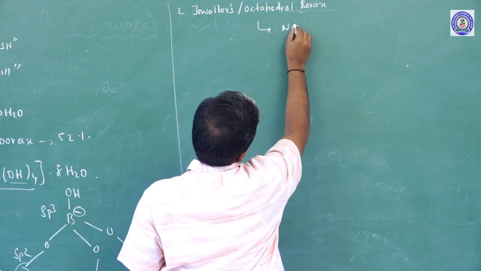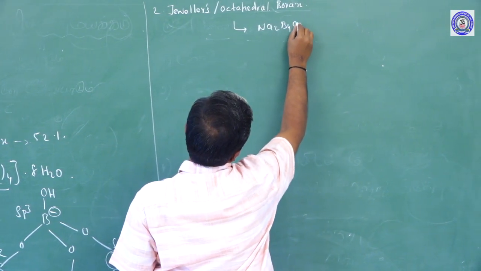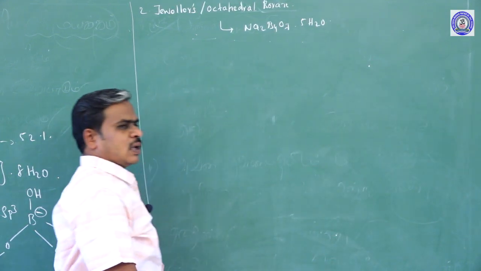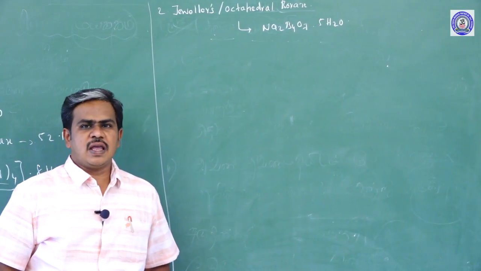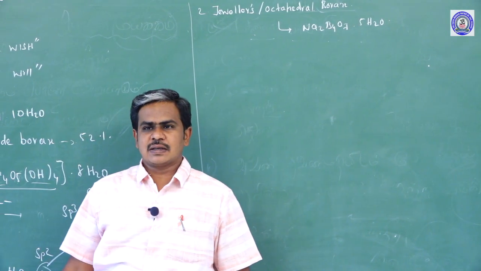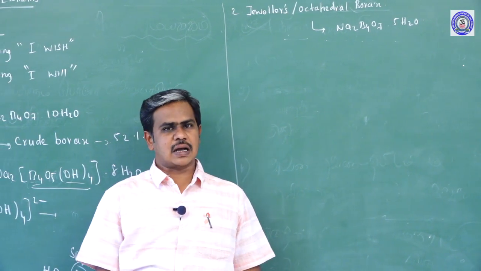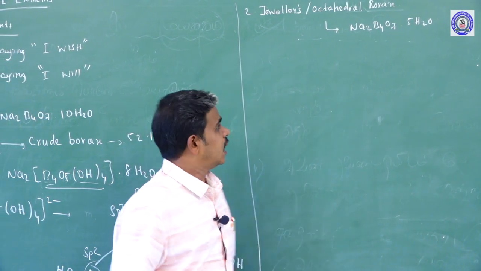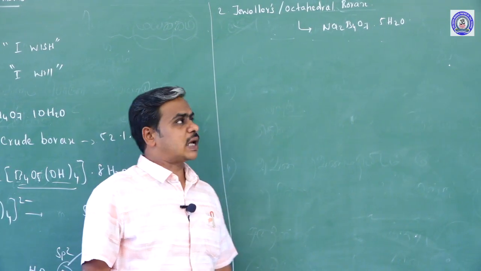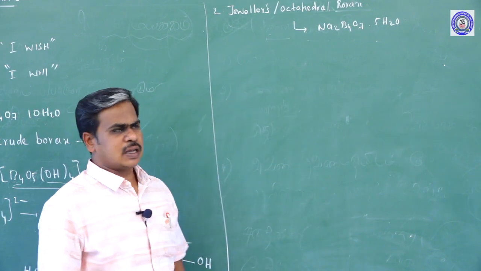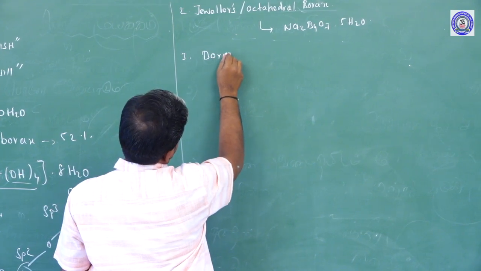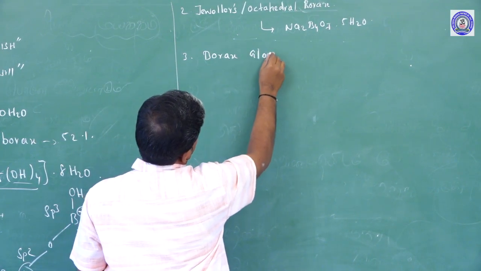It is Na2B4O7.5H2O. If it is 10H2O, then it is the normal borax called tinkal. If it is 5H2O, then it is known as Jeweller's borax or octahedral borax. And the third borax is borax glass.